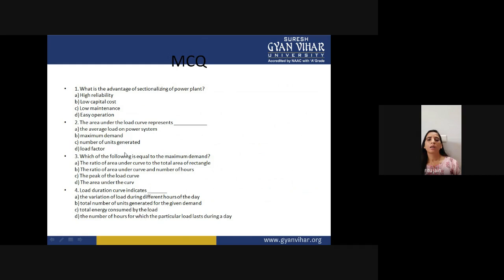The area under the load curve always represents the energy which is producing from your power plant, and in power plant the energy which is produced is always calculated in terms of units. So this is your number of units generated. So the right answer for this question is C.